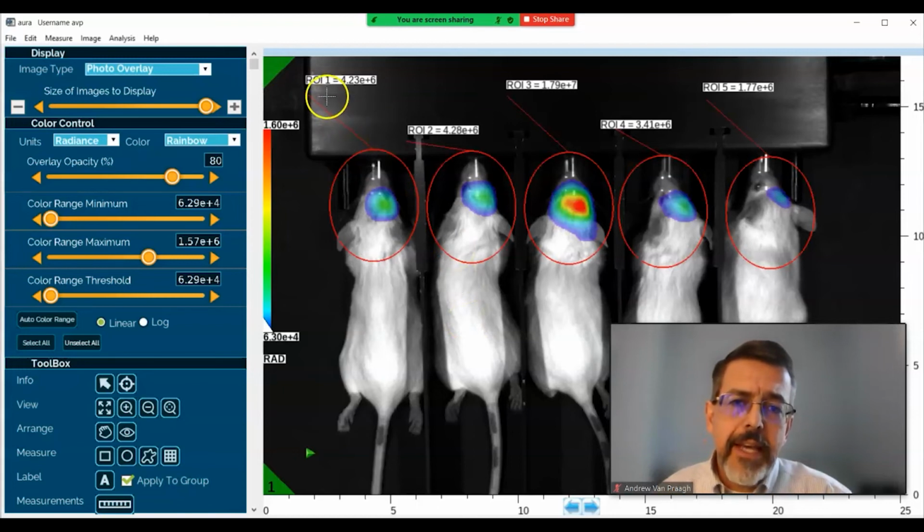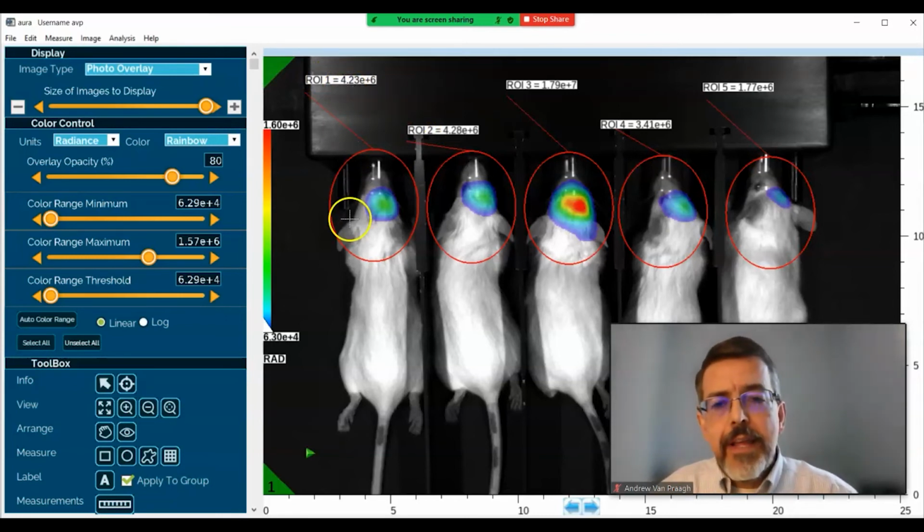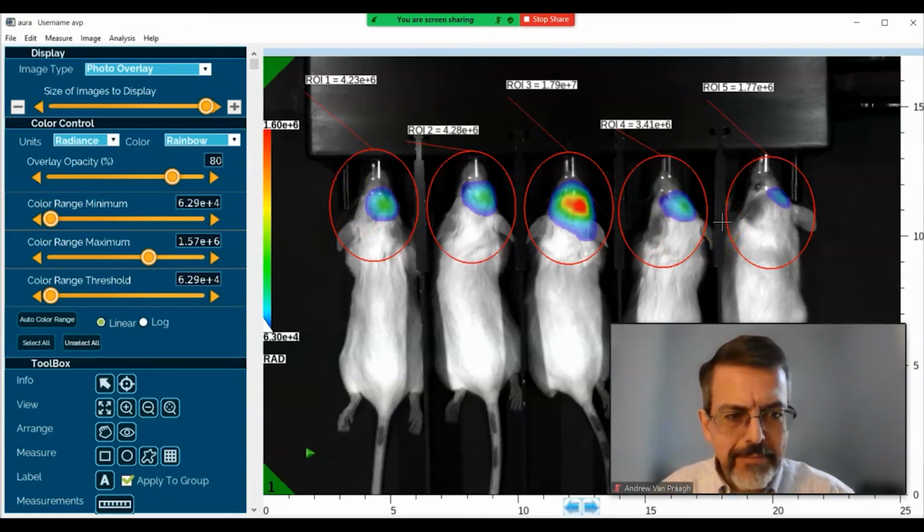Okay, and again, what you're seeing here is a number, and then the total photons per second designation per ROI. Now, imagine, if you will, that we are reporting in mean radians. Let's take a look at each one of these ROIs. Is there a difference in the amount of background pixels in each one of these ROIs? Absolutely. The signals are of different size, even though the ROIs are exactly the same.